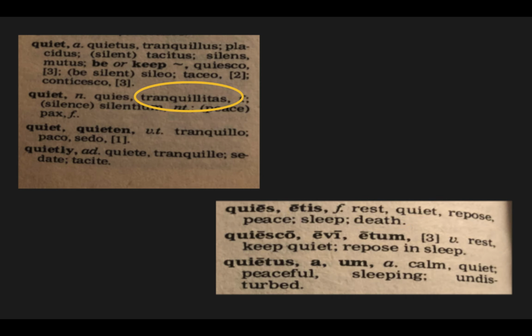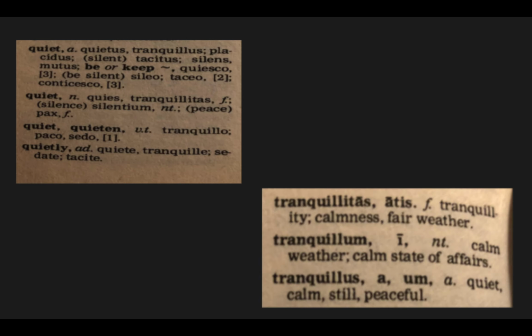Once you've seen that, you would then go back to your original lookup on the English side. Tranquilitas was the second word given to you, and maybe this word might be a better fit. So go and look up tranquilitas on the Latin side. You find it's tranquilitas, tranquilitatis, and it is feminine.